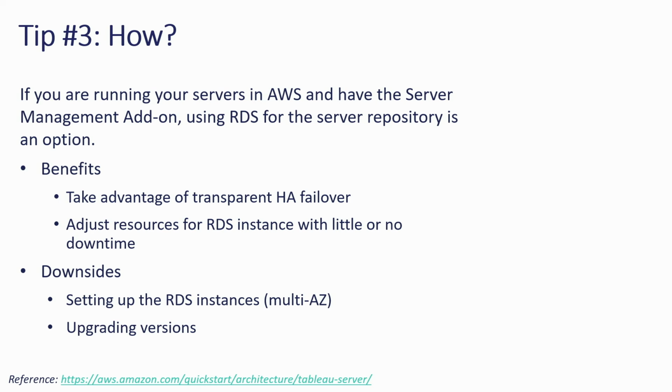The good thing about that is that AWS has this transparent failover that happens if you set the thing up to use multiple availability zones, and you can configure it to have transparent failover. So this is a case where we would be outsourcing HA. Also, you can adjust the resources for those RDS instances.